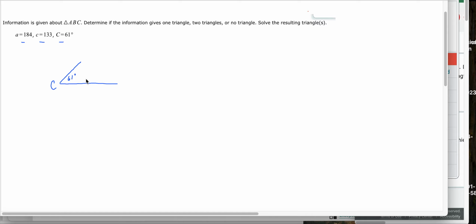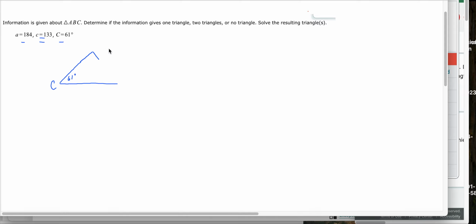Now, we know that opposite angle C is side C. Opposite angle A is side A. Opposite angle B is side B. So that's how I have to draw this. Side C has to be the side opposite angle C, so side C is going to be over here.